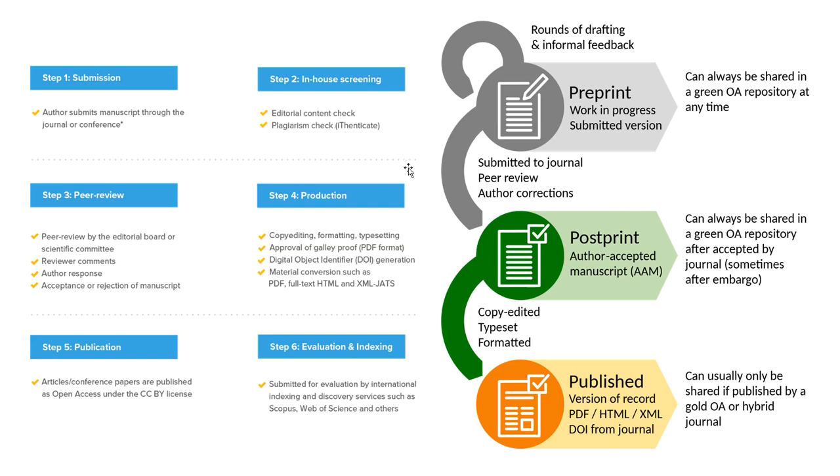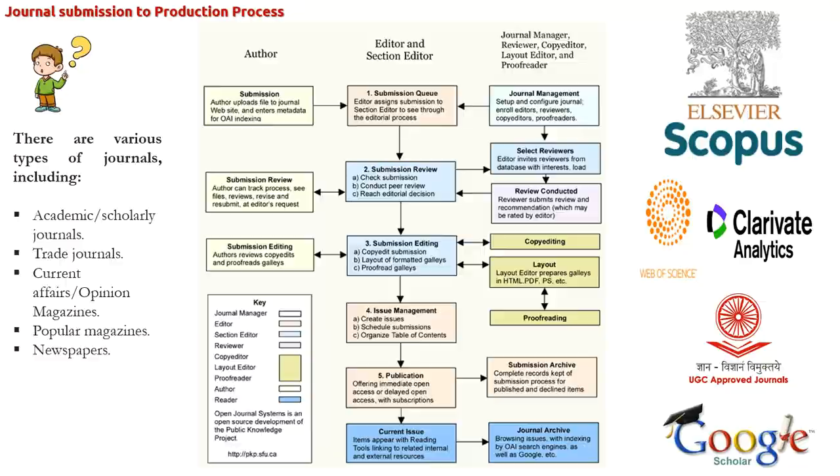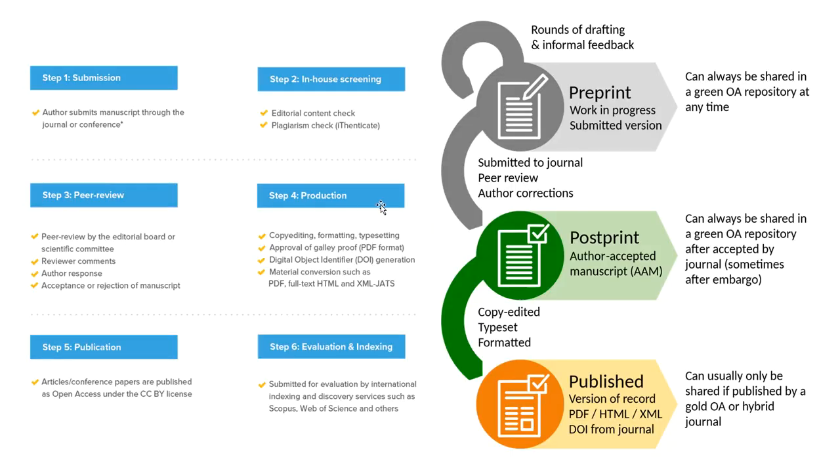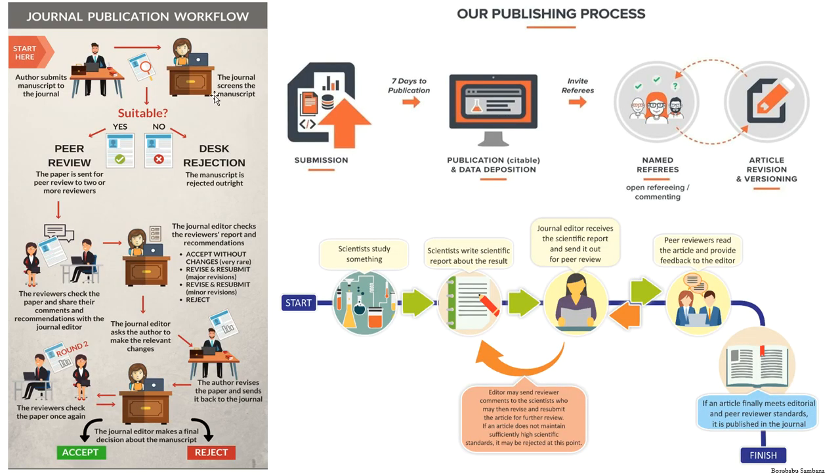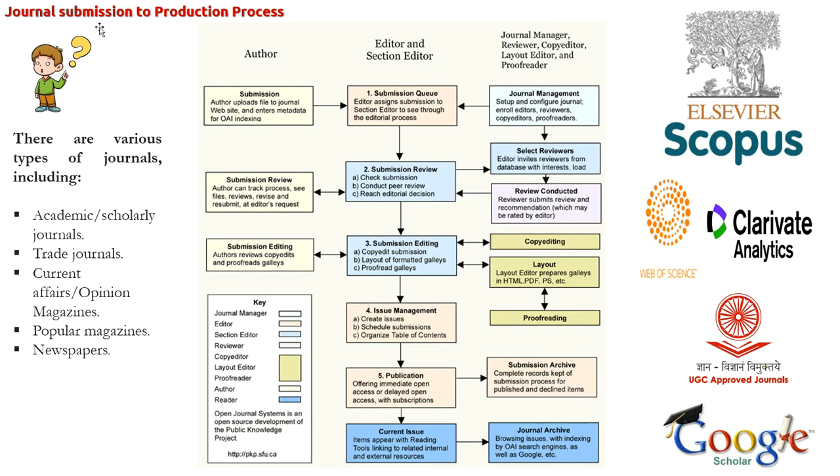Here, this diagram represents step 4 of the paper publication process. Next, this diagram represents the journal publication workflow, and this diagram represents the journal submission to production process.